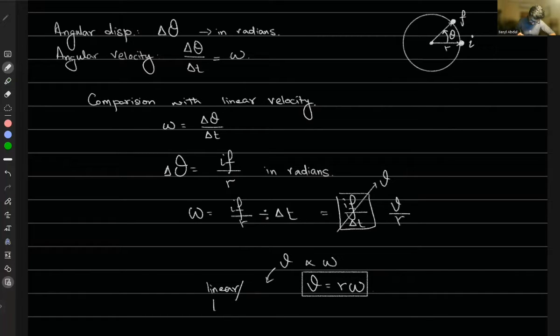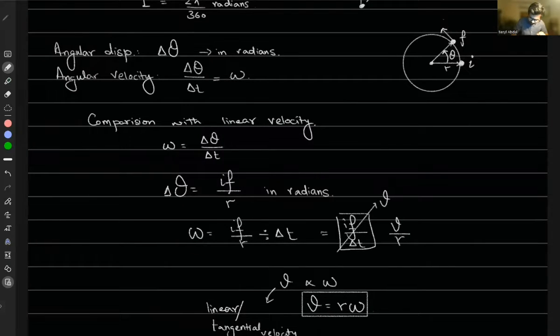Sometimes it's also known as the tangential velocity. It's given this name as tangential velocity because if you look at this circle, at every point on this circle, I can draw a tangent. So let's suppose you draw a tangent at this point F, there will be some velocity v at this point.